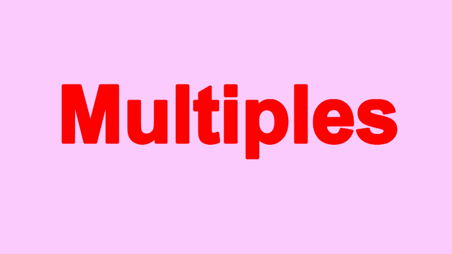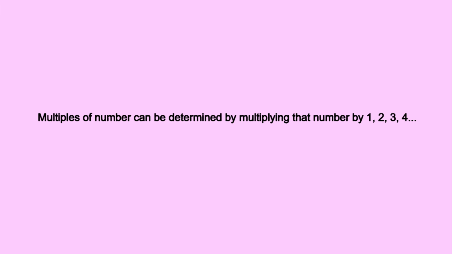Multiples. Multiples of a number can be determined by multiplying that number by 1, 2, 3, 4 and so on.